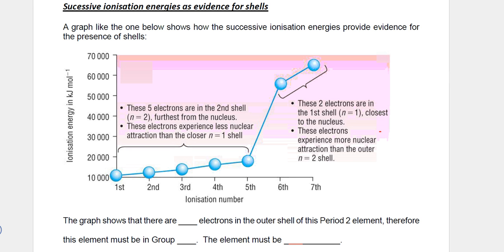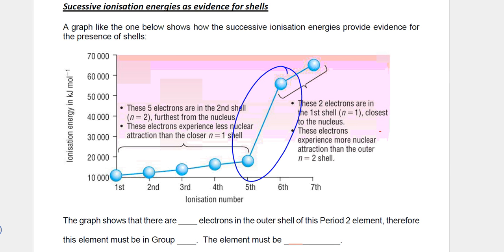And so what we're looking for in terms of evidence about atoms and arrangement of electrons is, where is there a big jump between one ionisation energy and another? And we can clearly see between the fifth and the sixth there is a big jump in ionisation energies.